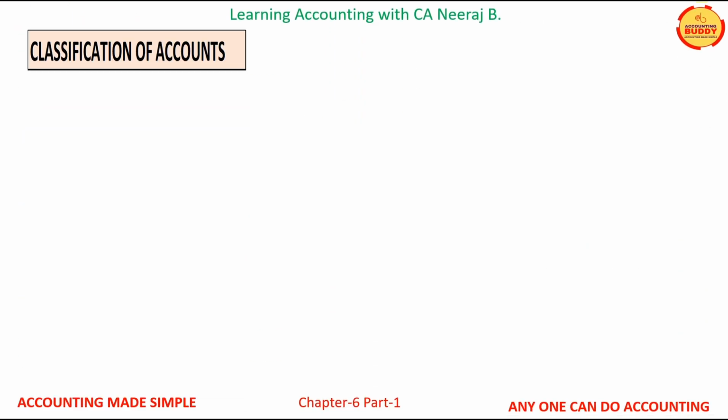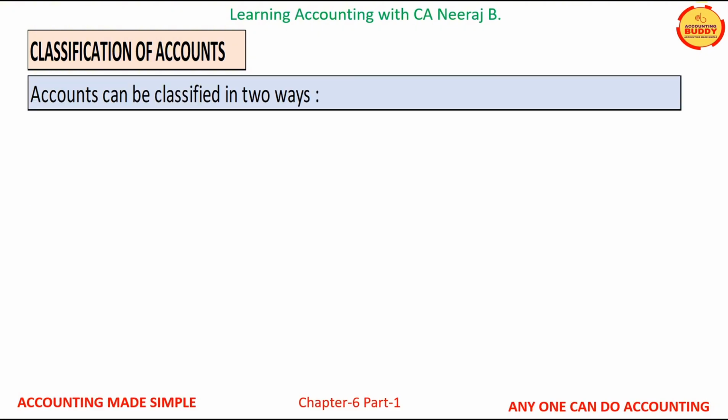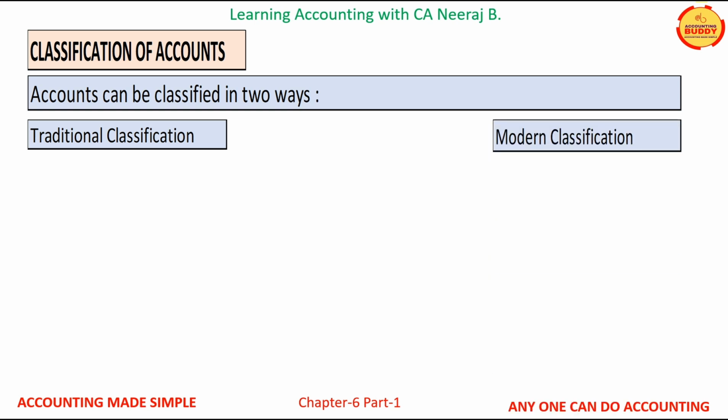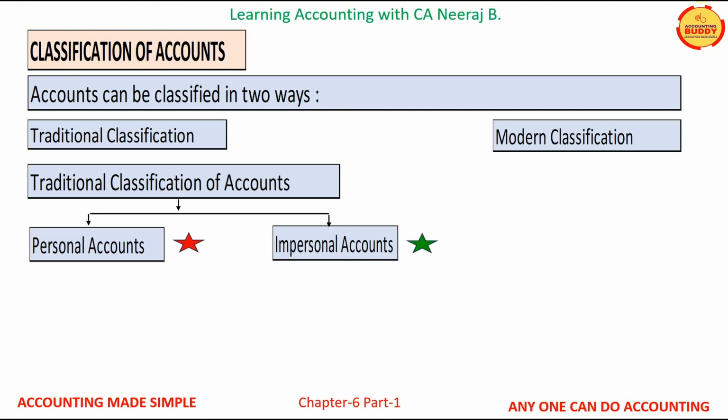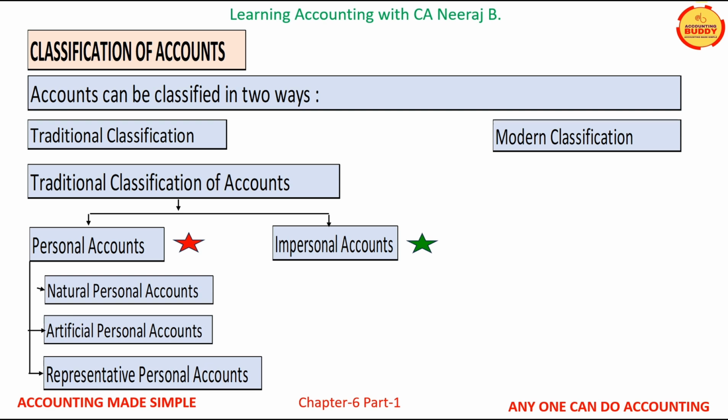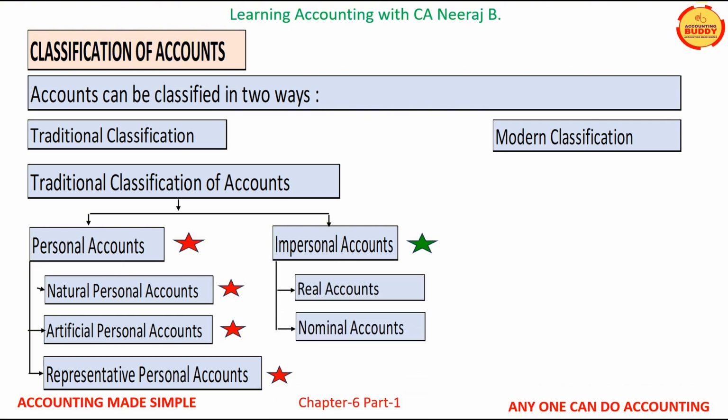Let us learn about the classification of accounts. Accounts can be classified in two ways: traditional classification and modern classification. Traditional accounts are further of two types: personal accounts and impersonal accounts. Personal accounts are further classified into three types: natural personal accounts, artificial personal accounts, and representative personal accounts. Impersonal accounts are of two types: real accounts and nominal accounts.